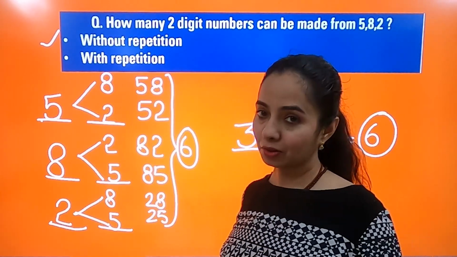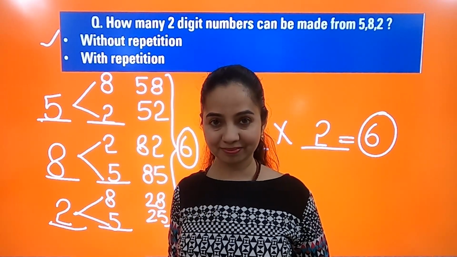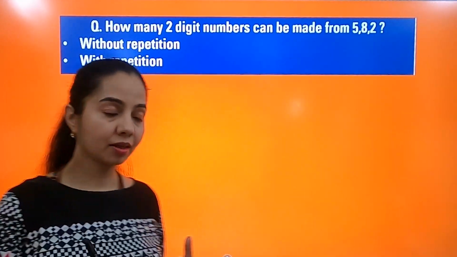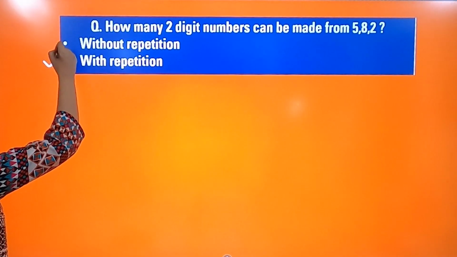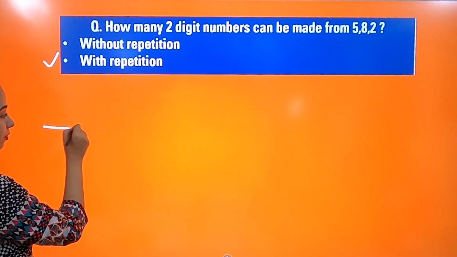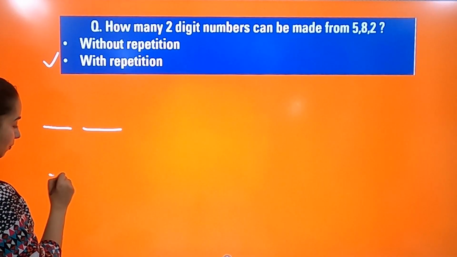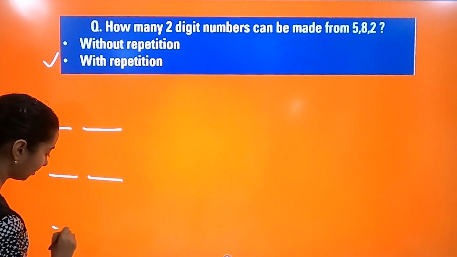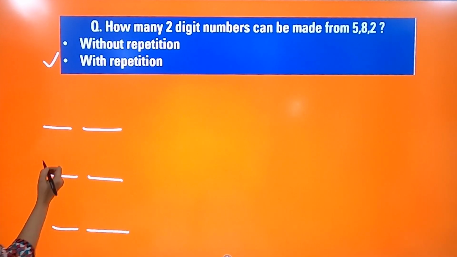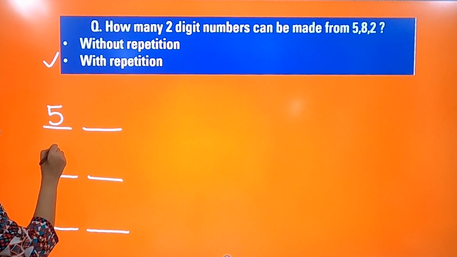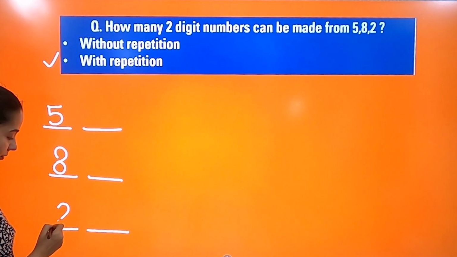Shall we do it with repetition? Now we will do it with repetition. We have 2 places. So for the first place, I have 3 options like before, 5, 8 and 2.